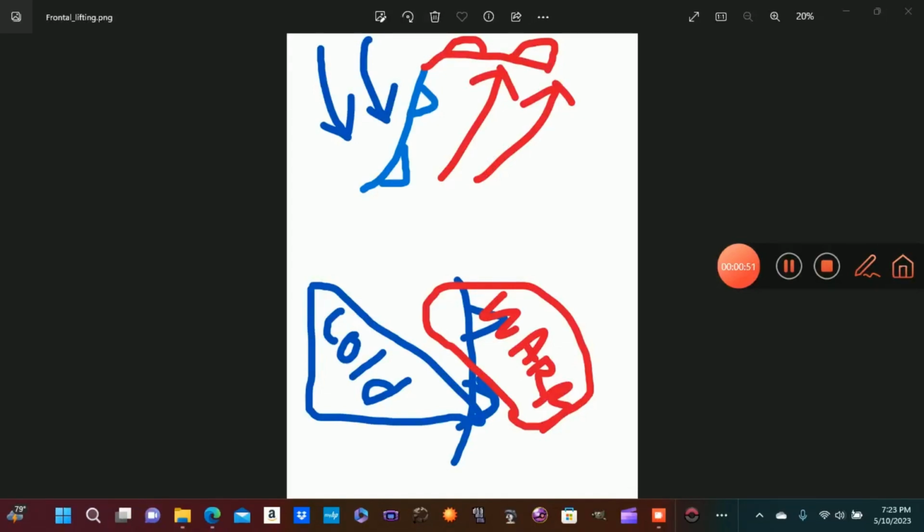I have a rough sketch of what frontal lifting looks like in the vertical. So as your cold front is coming through, the colder air is pretty shallow, and then it gets deeper as you move to the west, deeper into your cold air mass.